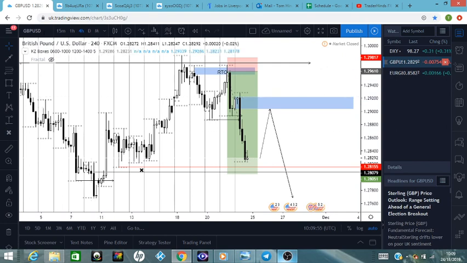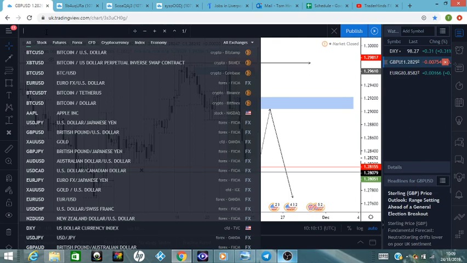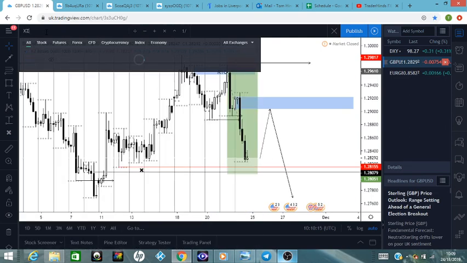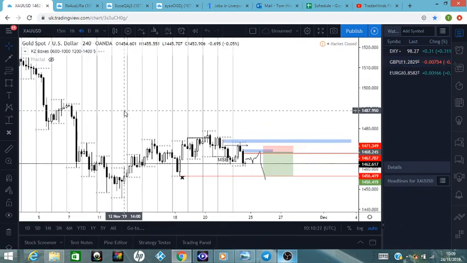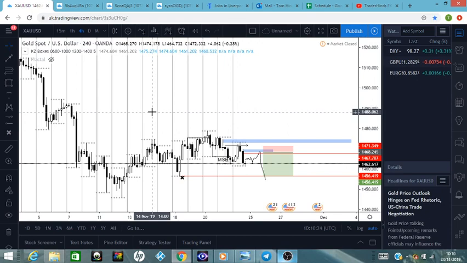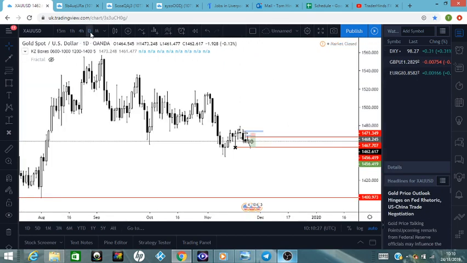I've done a couple of pair breakdowns on some precious metals, oil as well, and a few pairs that I've never ever traded before. So I think what we'll do, start out with, try and get a look on gold from a higher time frame perspective.